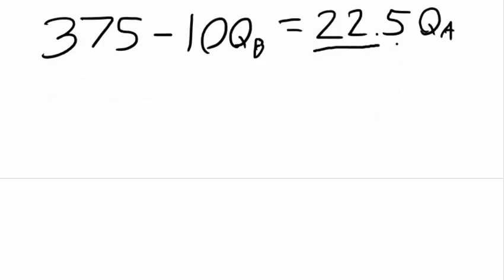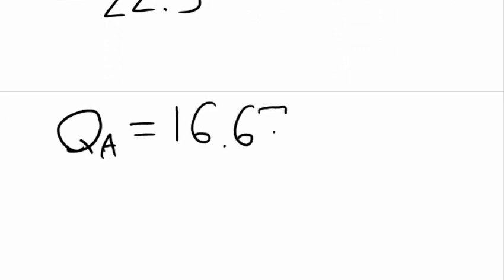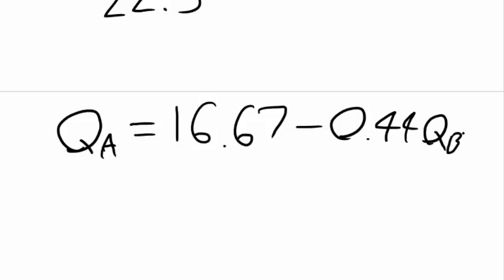And if we were to divide both sides by 22.5, we get QA equals 16.67 minus 0.44 QB. So we can use this equation to help find our quantities, if we can find another equation.